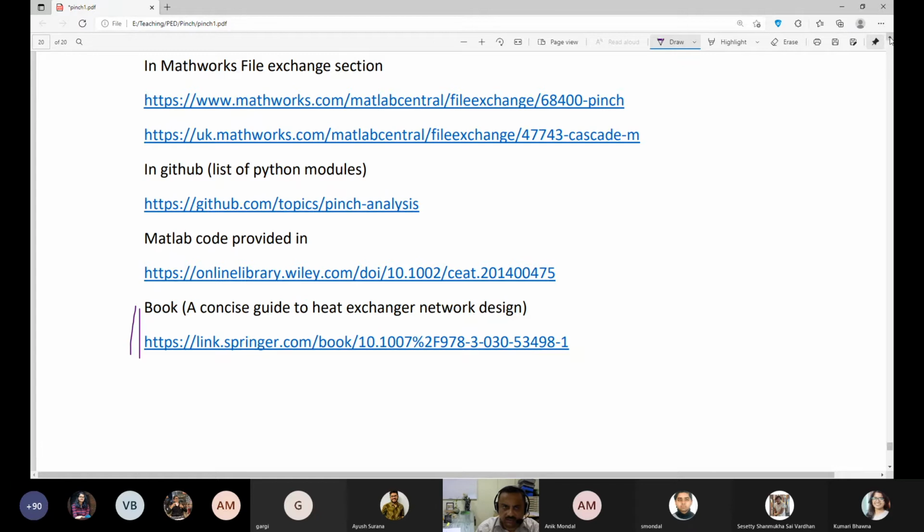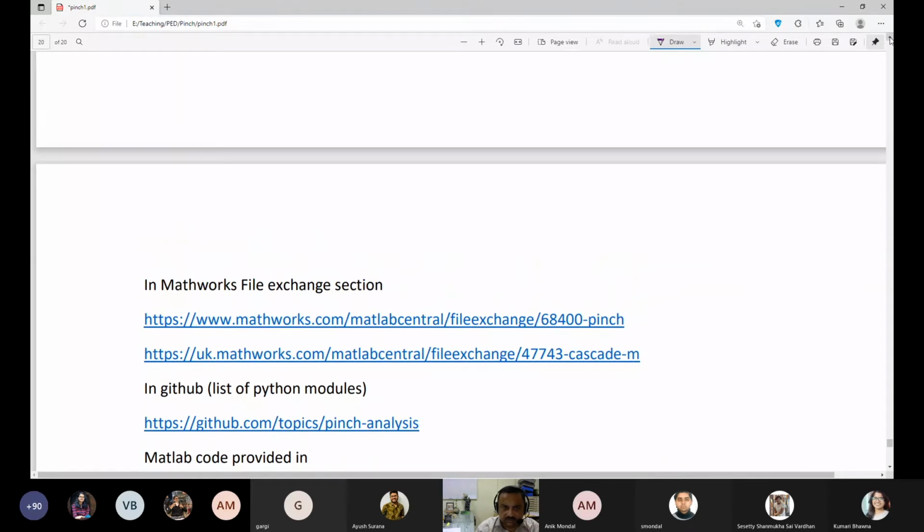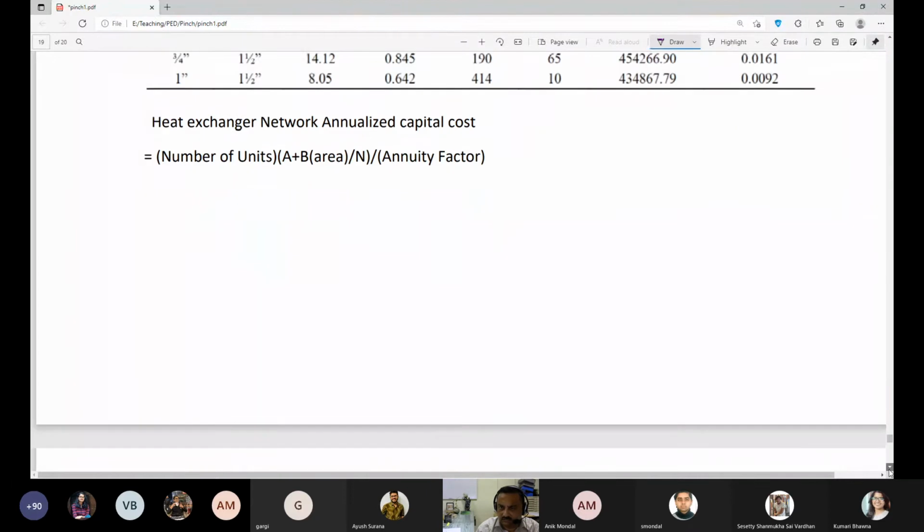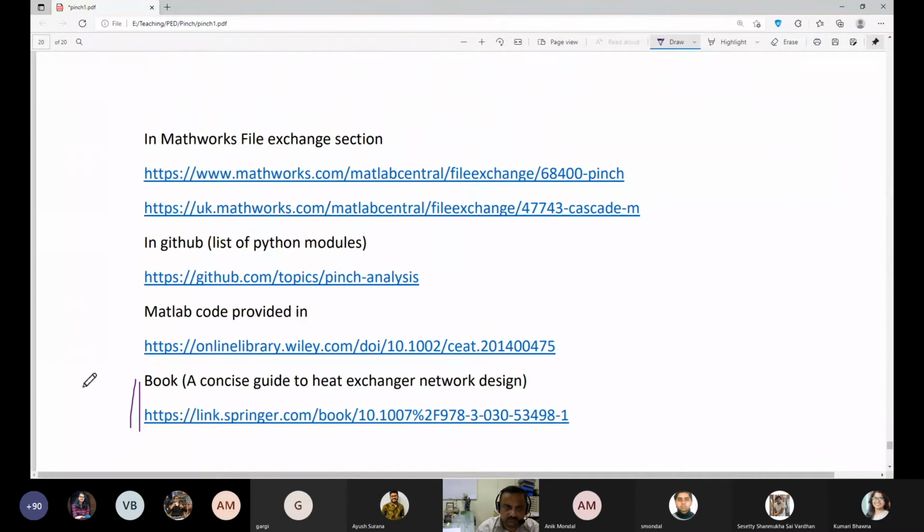Other than that, I have some resource materials that you need to look into. One is this paper. They have given the MATLAB code which some students from IIT Kanpur developed from scratch, given as an appendix to the paper. They were doing the same analysis, and they have written a MATLAB code where all this tuning is possible.